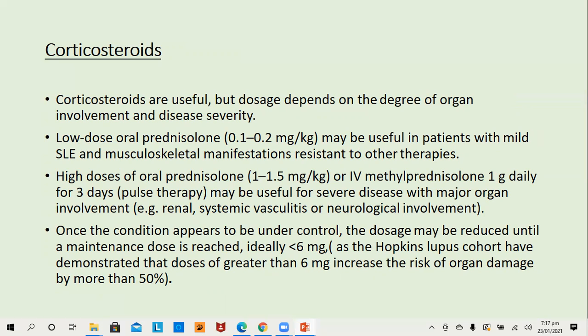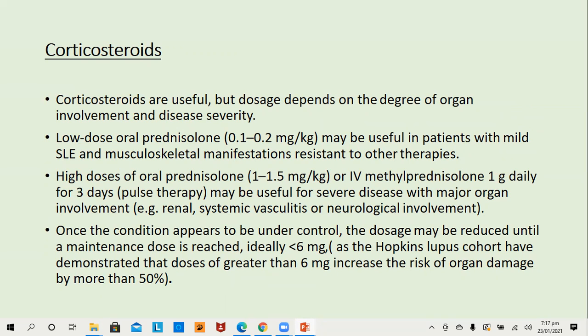Low dose prednisolone, that is 0.1 to 0.2 milligram per kg, may be useful in patients with mild disease and musculoskeletal manifestations which are resistant to other therapies. High dose prednisolone, that is 1 to 1.5 milligram per kilogram, or IV methylprednisolone 1 gram daily for 3 days, which is the pulse therapy, may be useful in severe disease with major organ involvement like renal, systemic vasculitis, and neurological involvement.